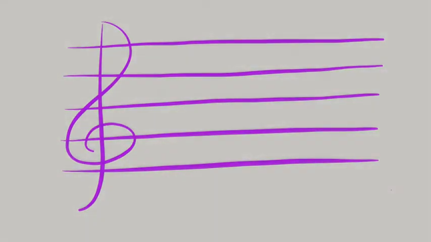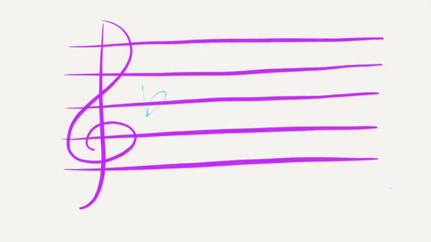Here's our visual representation of a flat key signature. Remember that the key signature always comes after the clef sign. Our first flat is B flat. Next comes E flat. If there are two flats, they will always be B flat and E flat, nothing else.